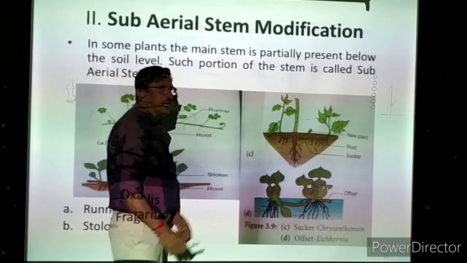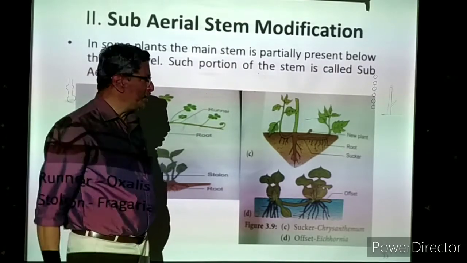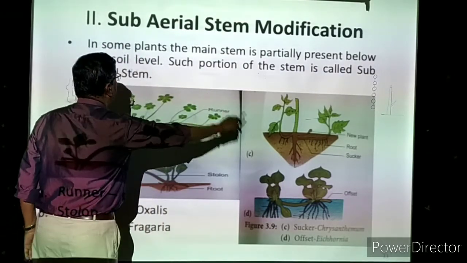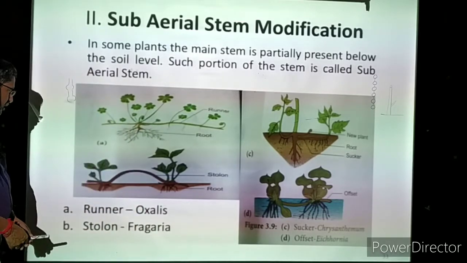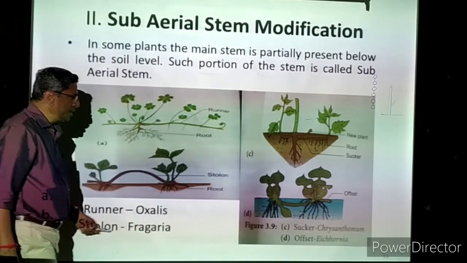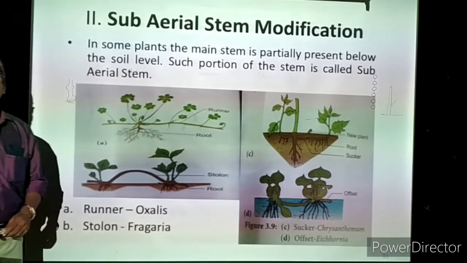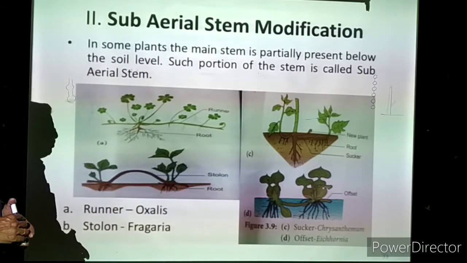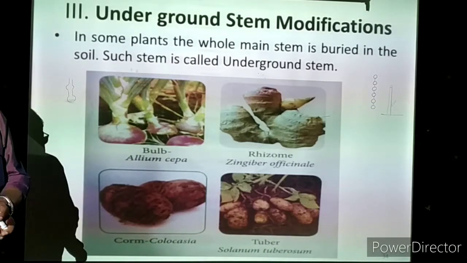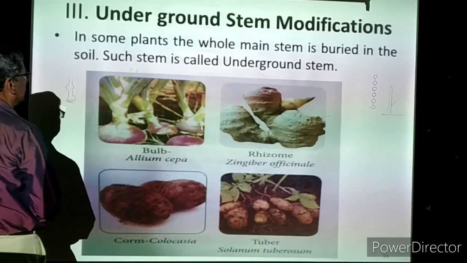So nearly 3 or 4 new plants will be produced. So there are 4 modifications of subaerial stem that we have studied. One is runner, next one is stolon, next one is sucker, the last one is offset. Everything is for vegetative propagation. Vegetative propagation means reproduction with the help of vegetative parts.